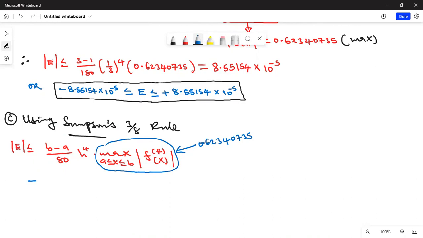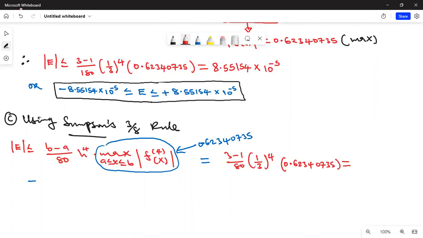So you can say this is equal to, let me write it here, 3 minus 1 over 80, 1 over 3, that's our h, raised to 4, times 0.62340735.